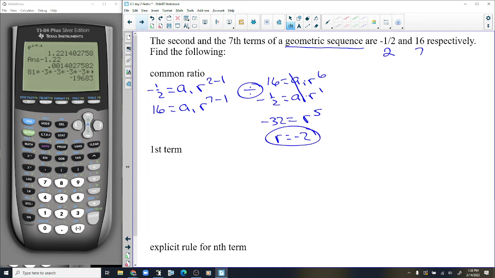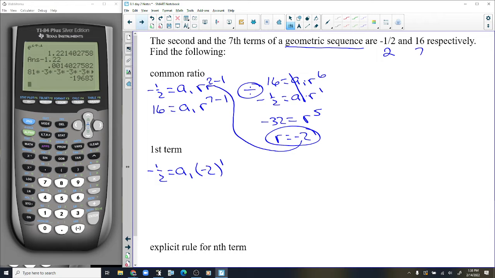They want the first term. Well, if I plug this into somewhere, I don't know, how about plugging it into this one right here? Negative 1/2 equals a sub 1 times negative 2 to the first.